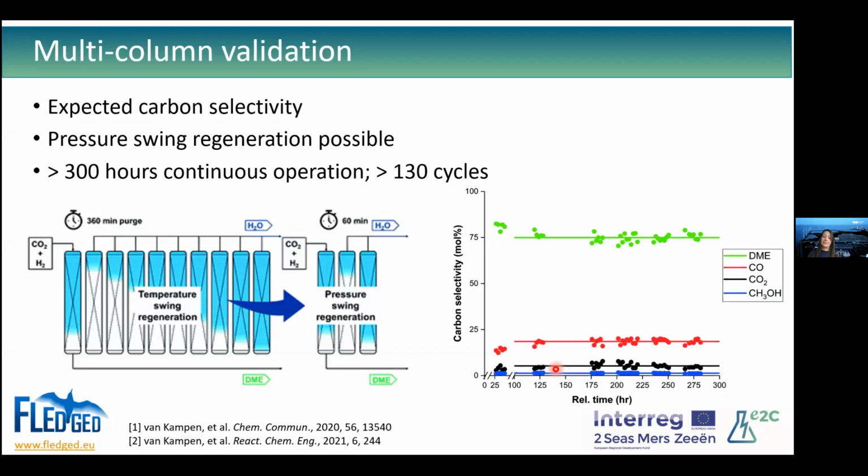So that takes a significant amount of time, and that thus limits the productivity of your process. But here we tested only a pressure swing, and that was also possible and leading to similar selectivities. So that was a big step forward.